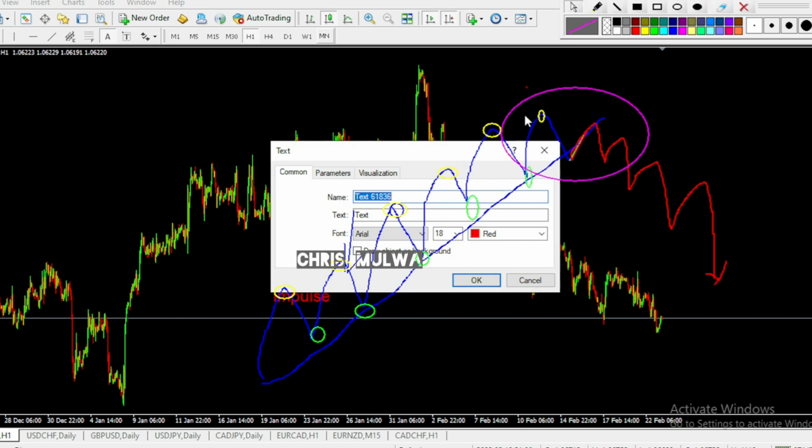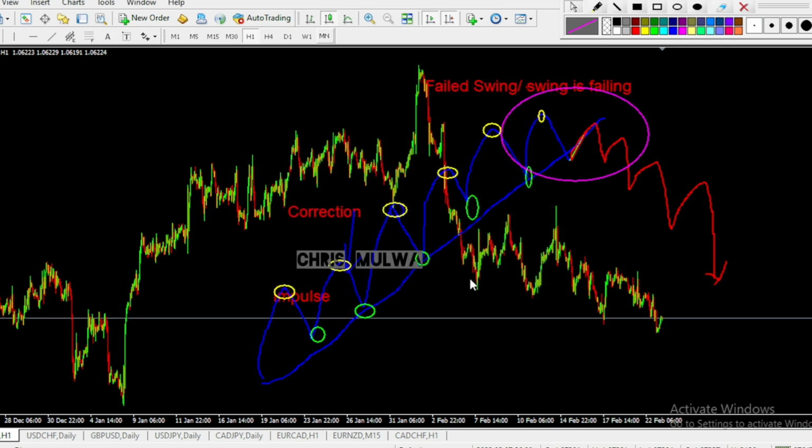The swing is failing. So our swing here at that point is failing.